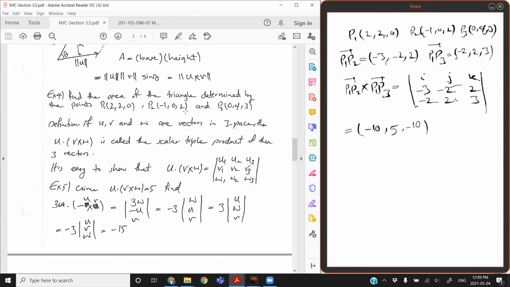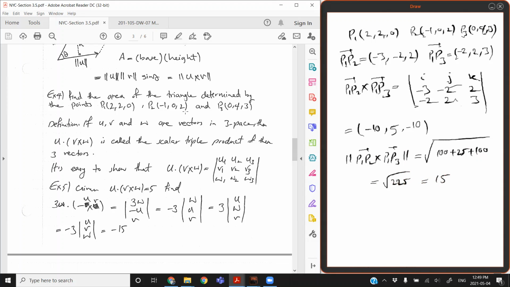So now, if I find the norm of P1, P2 cross P1, P3, it's going to be root 100 plus 25 plus 100. So this one is squared plus this one is squared plus this one is squared. That's root 225.